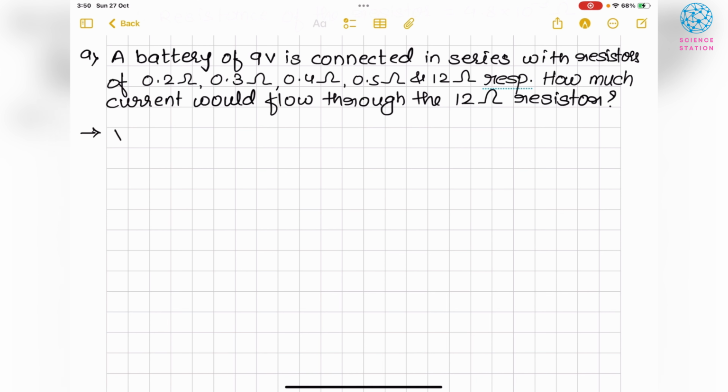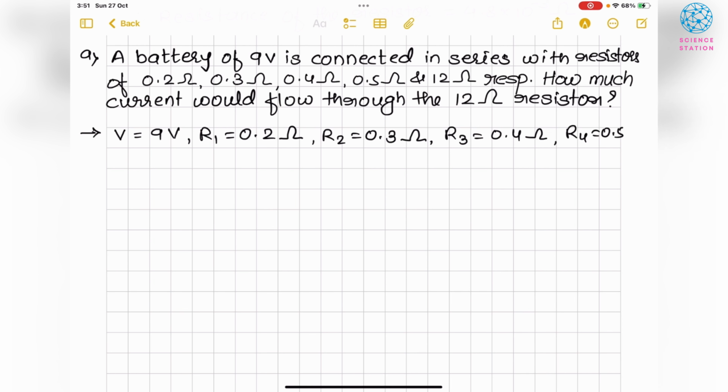So here I am given V equal to 9 volt, R1 is 0.2 ohms, R2 is 0.3 ohms, R3 equal to 0.4 ohms, R4 equal to 0.5 ohm, and R5 equal to 12 ohms.